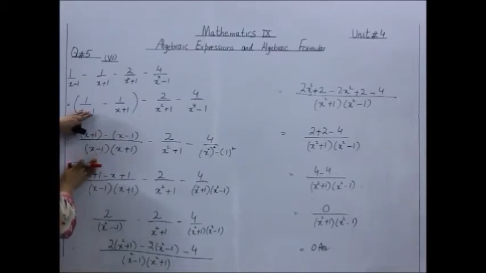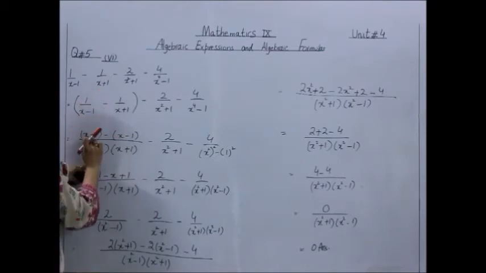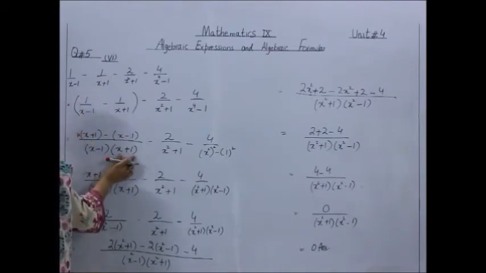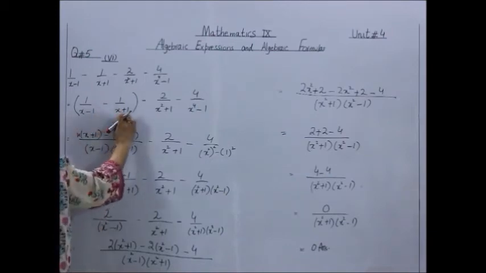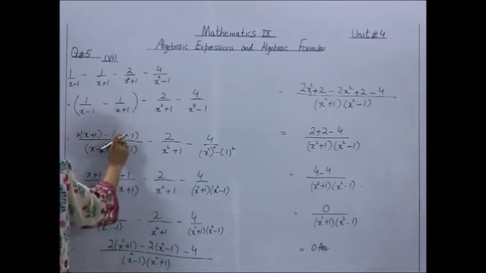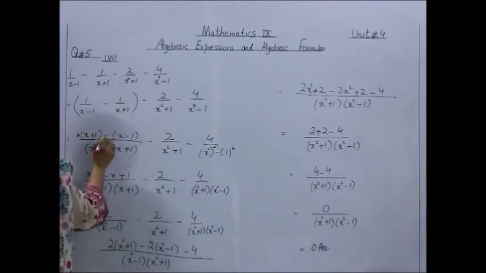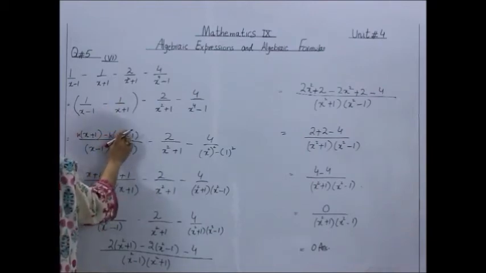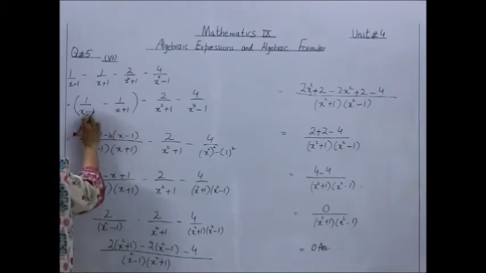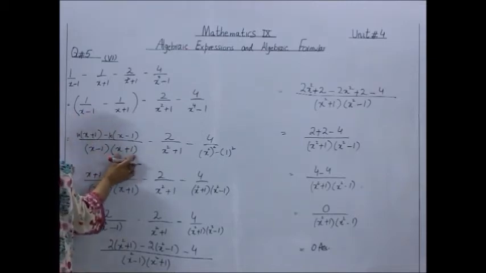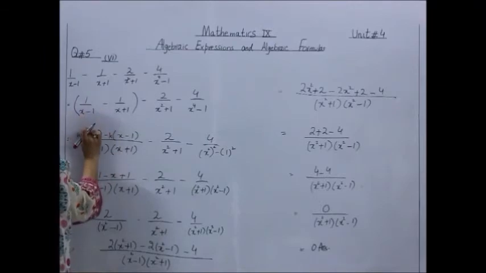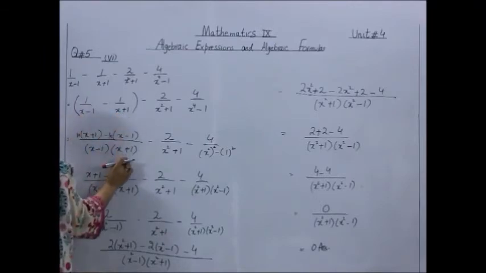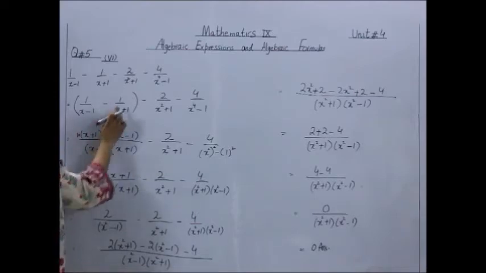Same things we will ignore, and 1 will be multiplied with x plus 1, minus, we ignore the same things and this 1 will be multiplied by x minus 1. We leave the same things and the numerator will be multiplied by the different factor.